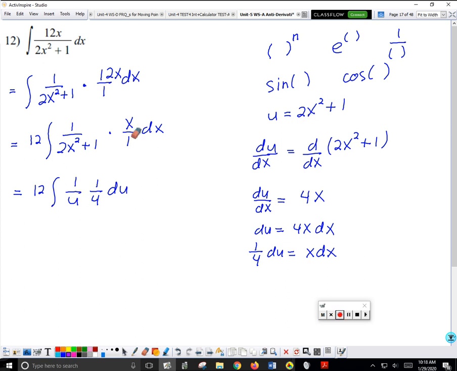This says x times dx, as Lizzie noticed, is exactly the same thing as 1/4 du. You good now? Lizzie, you good? All right. Everybody else good?